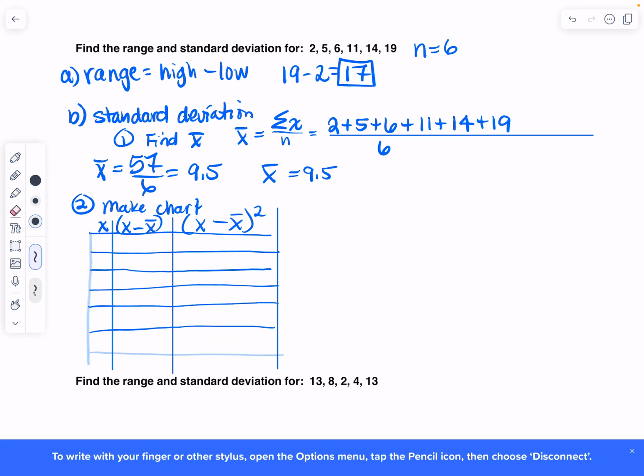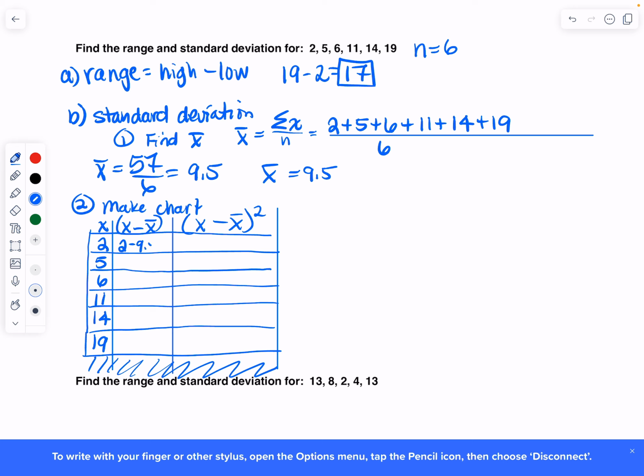All right, so x is 2, 5, 6, 11, 14, and 19. What I'm going to do is 2 minus 9.5. So 2 minus 9.5 equals negative 7.5, and I'm going to square that.